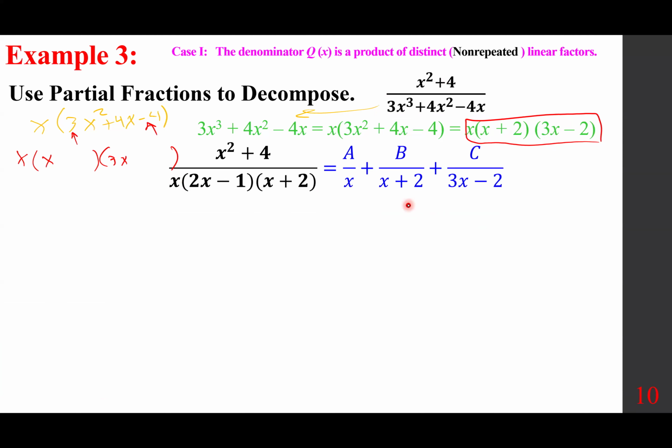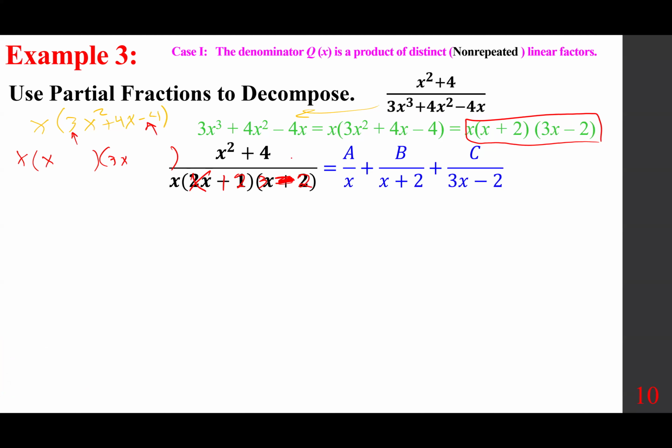I put the x plus 2 first, and then 3x minus 2. So this is x plus 2, and this is 3x minus 2.